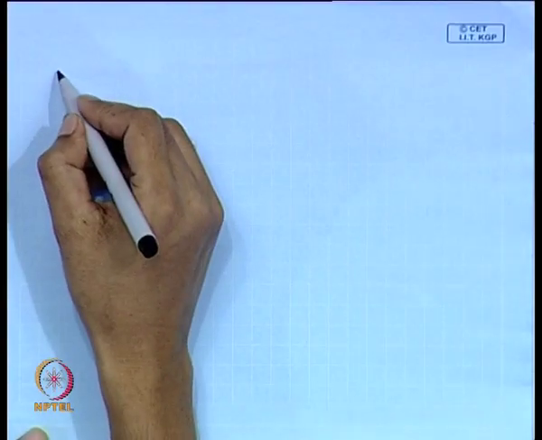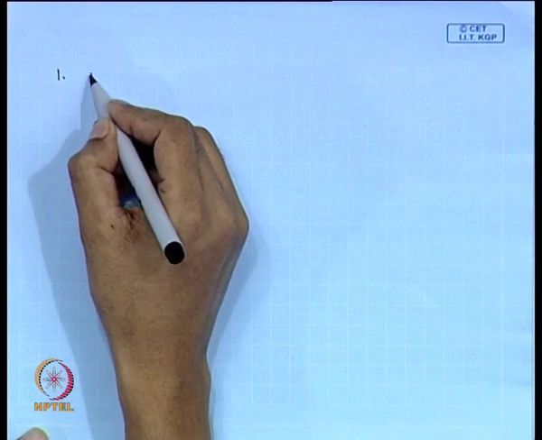Okay. Next, we will discuss another tuning approach, that is the Cohen-Coon technique. So far we have discussed the Routh-Hurwitz test, the root locus technique and time integral performance criteria.